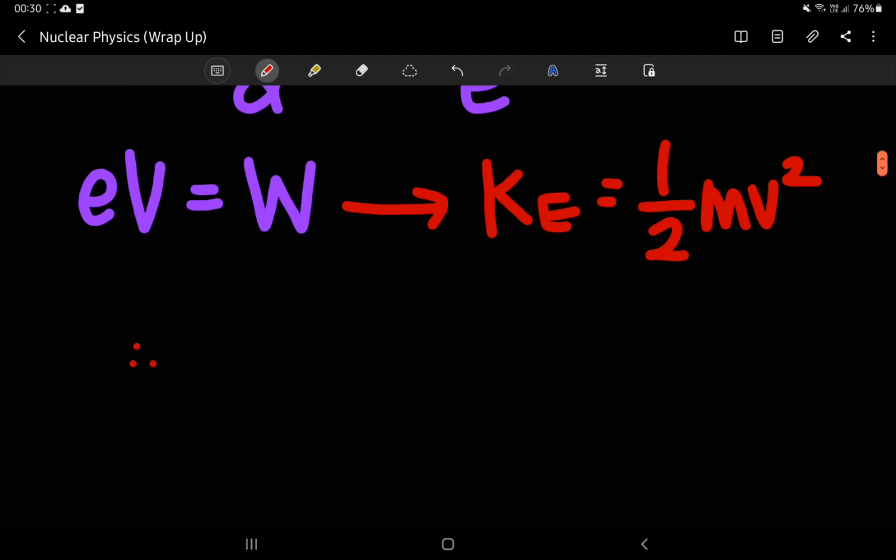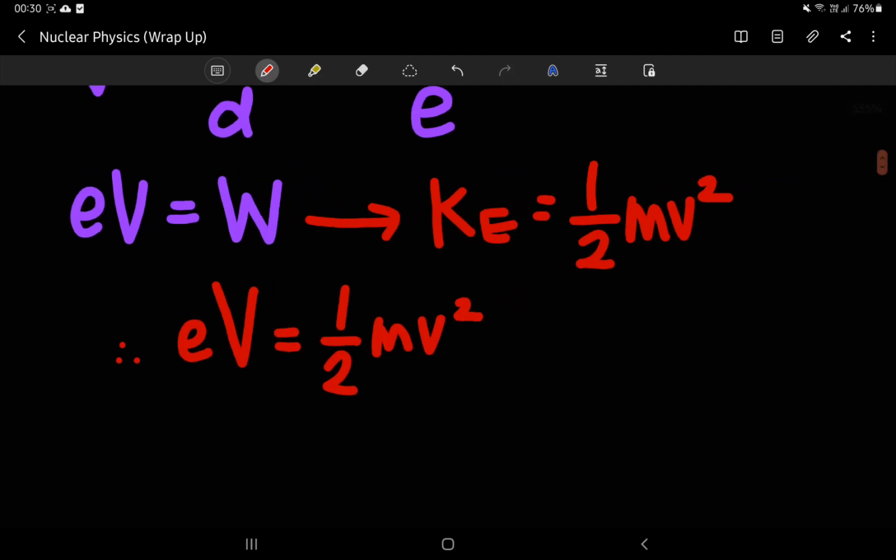Hence we have eV, where V is the potential, equals 1/2 mv squared.